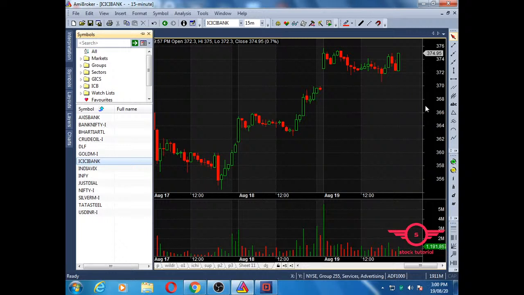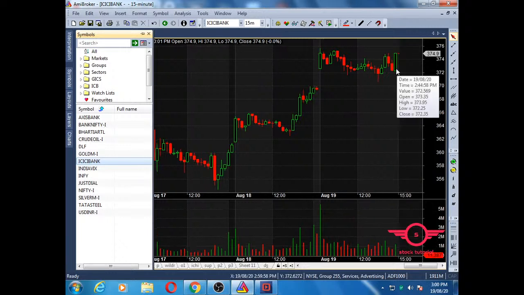Suppose this is ICICI Bank. Now it is crossing the previous candle. Though it is not such a small candle, it also responds to the system I described: crossing the candle's high makes a further move.